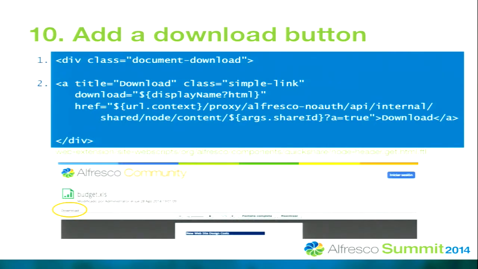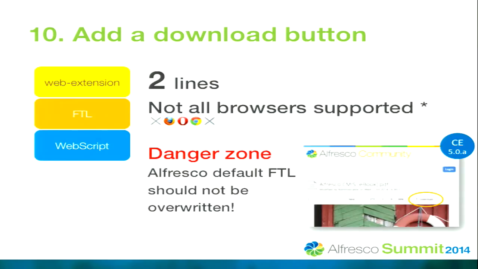You can easily add these 2 lines of code in the quick share FreeMarker page, just using an internal Alfresco API. You can include your download button, and if the user has problems with previewing the document, he can download and see it with their own program.